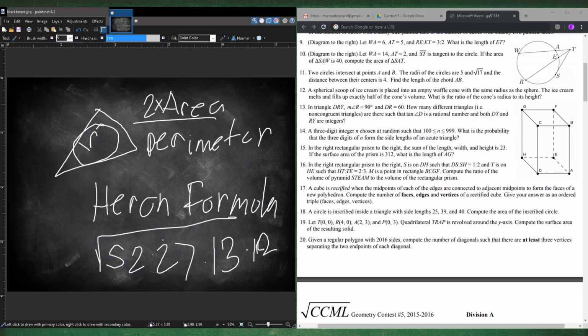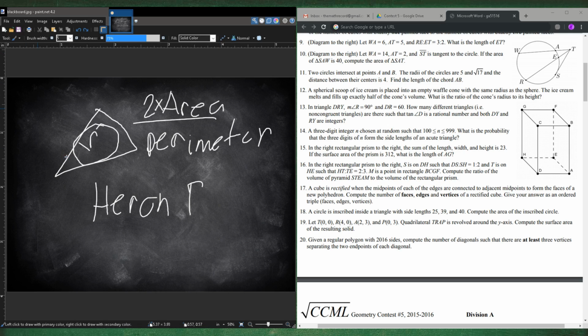And then you square root them all and you get the area. So that is 52 times 27 times 13 times 12. And then you square root it, and you get 468 as your area. It's basically just that simple if you have a calculator.